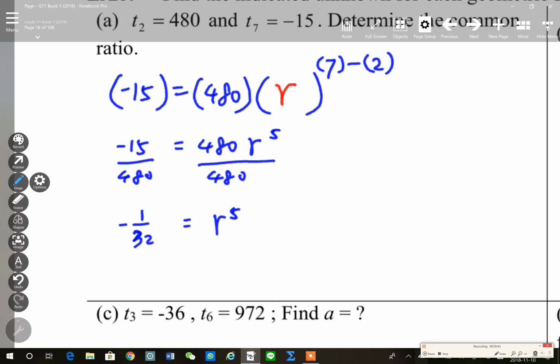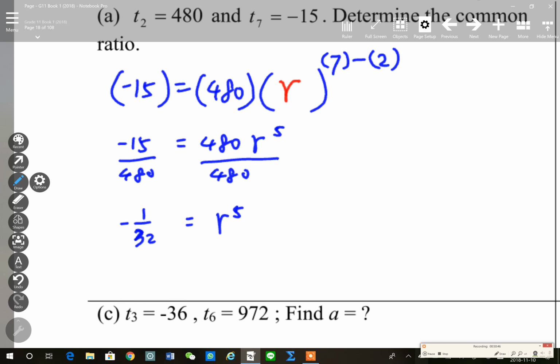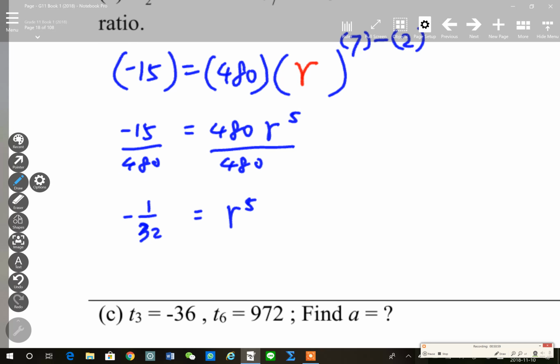Okay, so how do we get rid of the little 5? Fifth root of it, right?